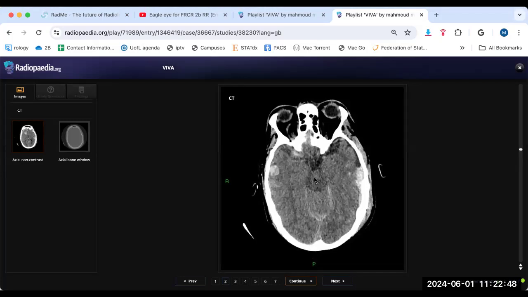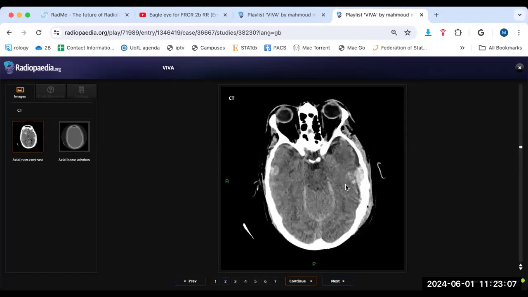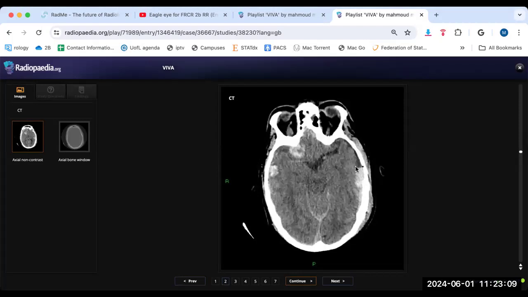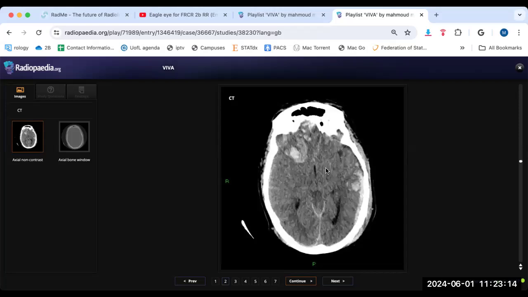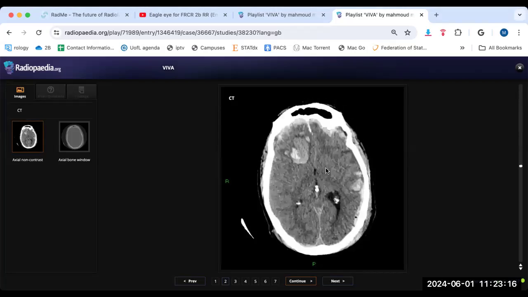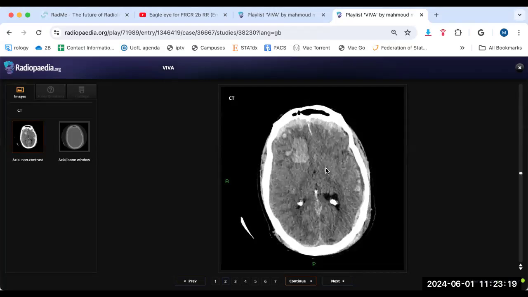However, in my routine practice, I will review it in coronal images. So what is your conclusion? There are multiple brain hematomas and a frontal epidural hematoma. There is also a left subdural hematoma. This is causing mass effect manifested by midline shift and suspicion of subfalcine and uncal herniation.